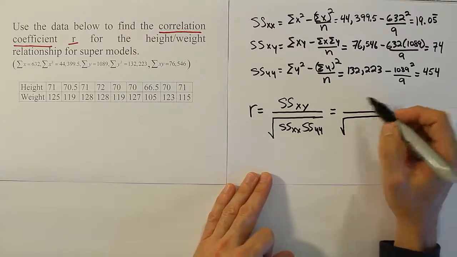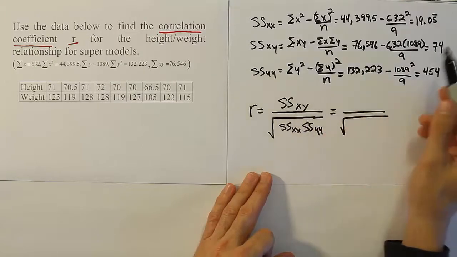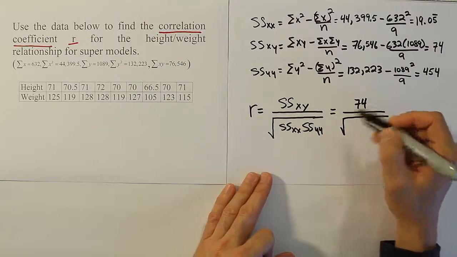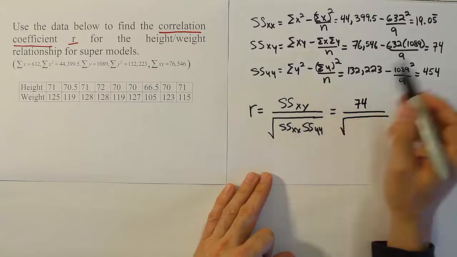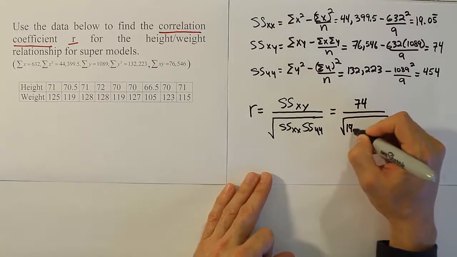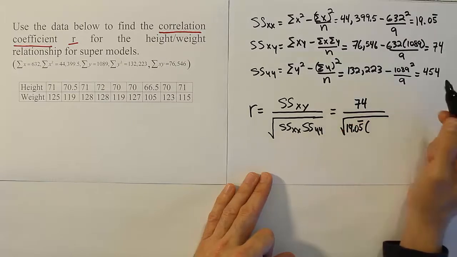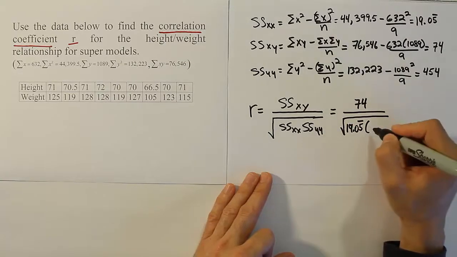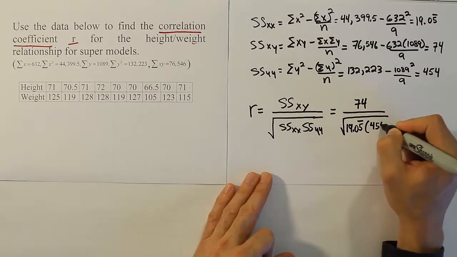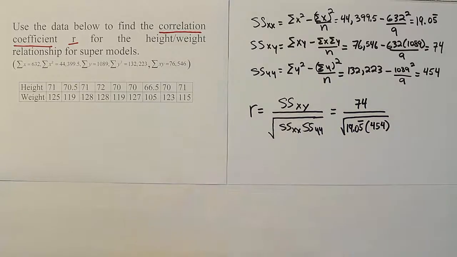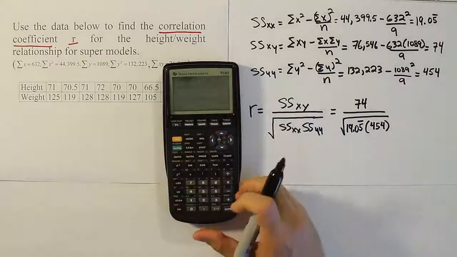Starting with SSXY, that value is 74. Then the sum of square xx, that's 19.05 repeating, times SSYY, which is 454. All right, let's plug that in our calculator, see what R turns out to be.